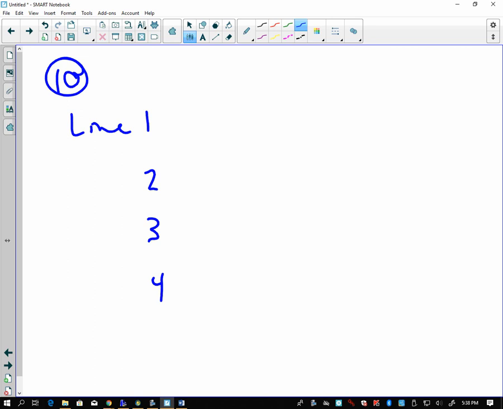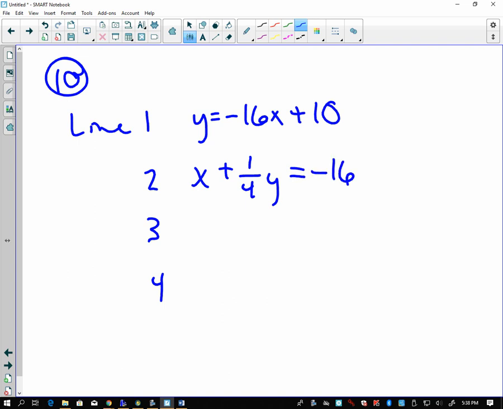So you might see something like y equals negative 16x plus 10. Let's see what the next one. The next one may have something like x plus 1/4 y equals negative 16.